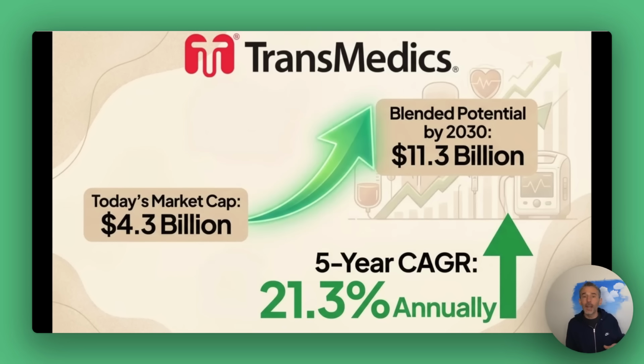Well, if we blend that and make it risk adjusted, we've got a company that goes from a $4.3 billion market cap today to a risk adjusted $11.3 billion by the end of 2030. Now, that's a 21% return per year. That is double the market's return per year.